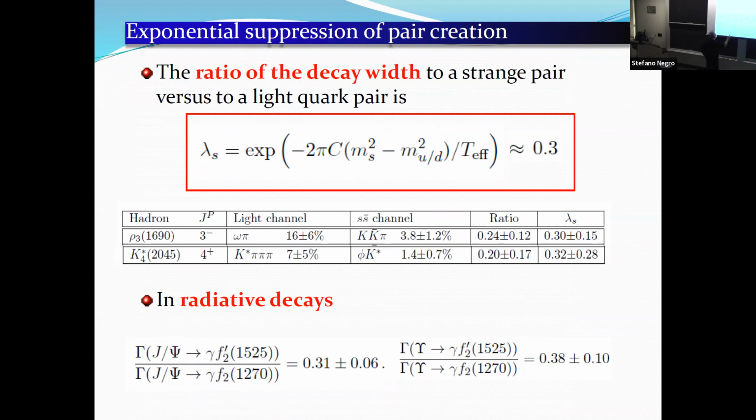So for instance, if you compare the breaking into a pair of s s-bar versus two light quarks, then you get that this factor is 0.3 when you plug in the masses. And that is also realized in certain cases. There are not too many cases where we get this breakup to s s-bar, but the ones that we found are in agreement with this number, and also for radiative decay.